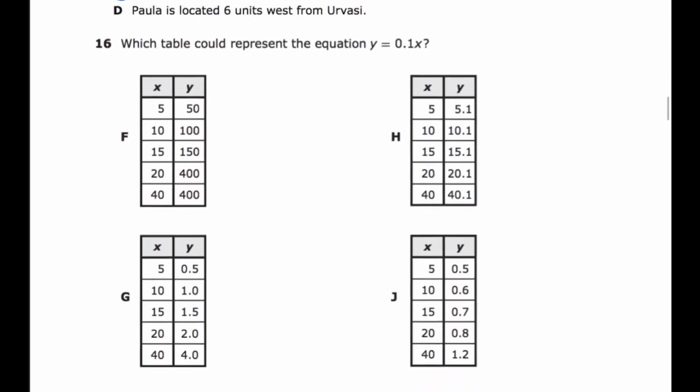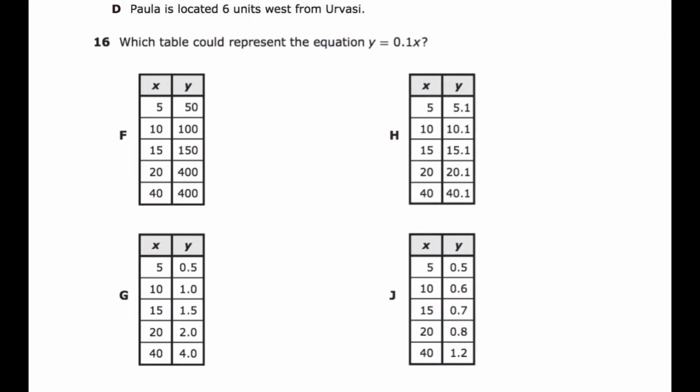Number 16 we did in class, but I'll do it again just to make sure. Which table can be used to represent the equation y = 1/10 x? And this is 1/10 times x. So it's important to know that I have an invisible multiplication symbol there. So here in F, whatever my y is, it should be the same as 1/10 times x.